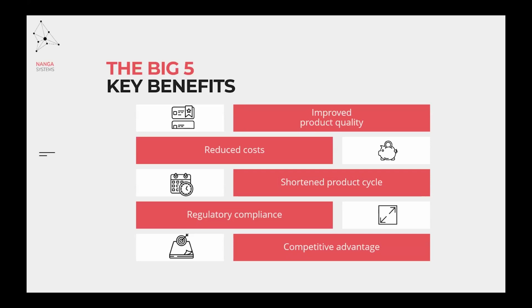By providing detailed documentation and traceability, it simplifies the process of meeting regulatory standards and conducting audits. And lastly, delivering high-quality products that meet customers' expectations gives organizations a competitive advantage. Satisfied customers are more likely to remain loyal and to recommend the product to others, thereby enhancing the organization's market position.